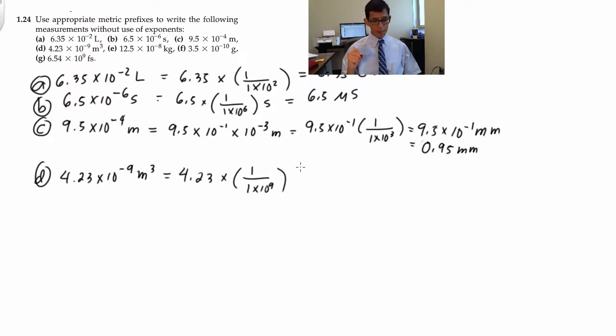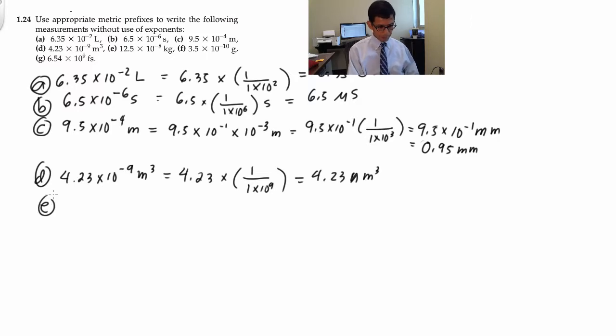Pico is negative 12. Femto is 10 to the negative 15. Negative 12 is pico. Nano. Okay. This is 4.23 nano cubic meters, because nano is 1 times 10 to the negative 9.